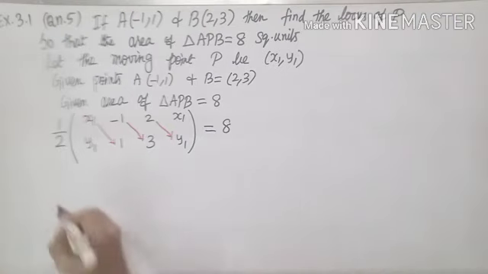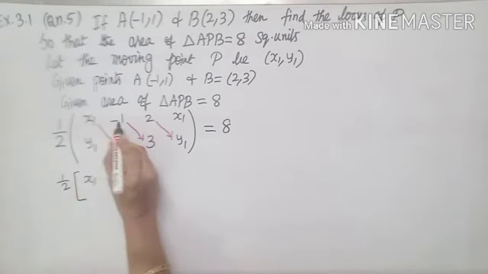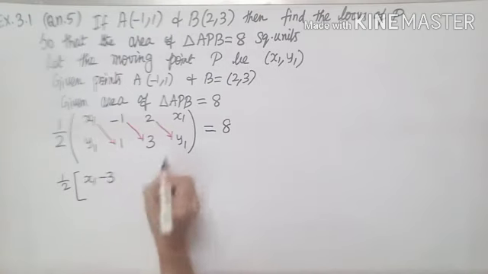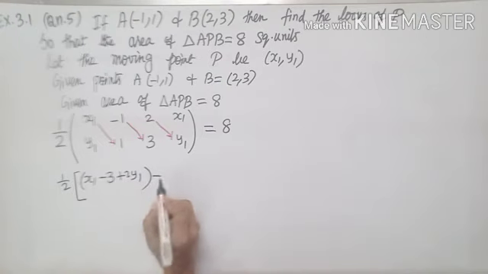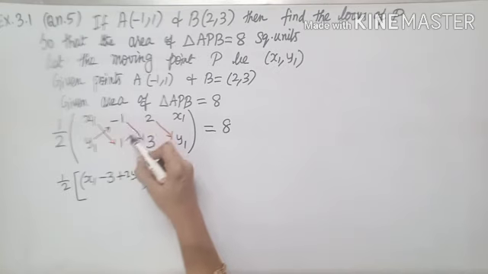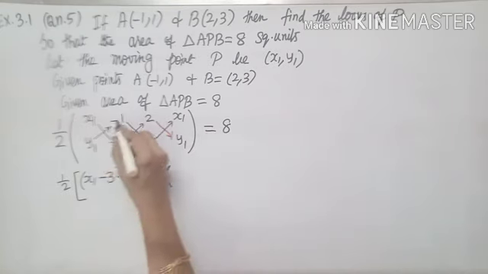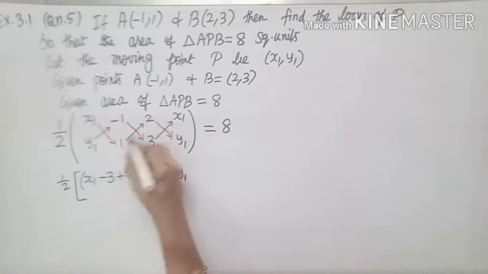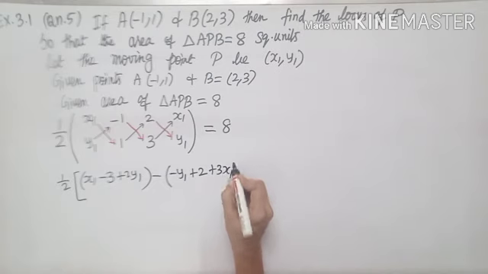So we write half into, x1 into 1 minus 1 into 3 plus 2 into y1 minus, take the other one, y1 into minus 1, 1 into 2, 3 into x1. This is equal to 8.